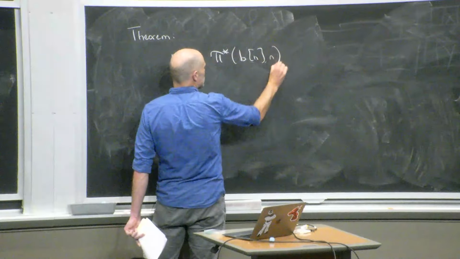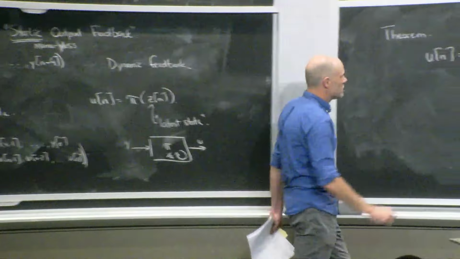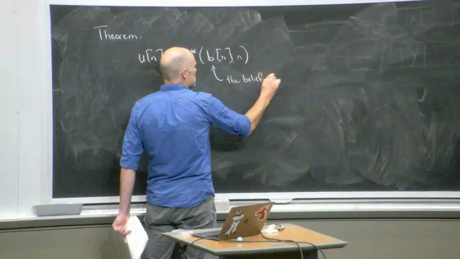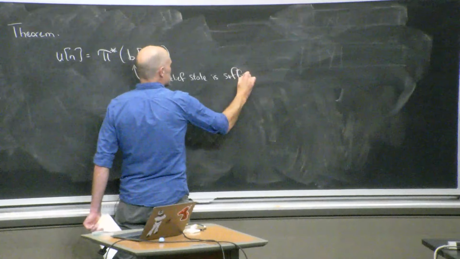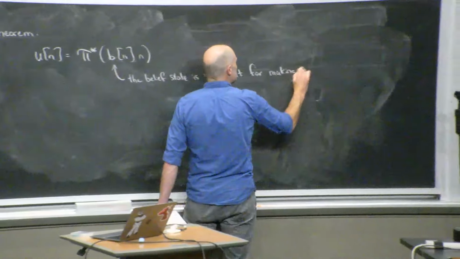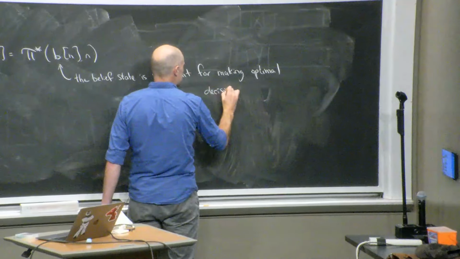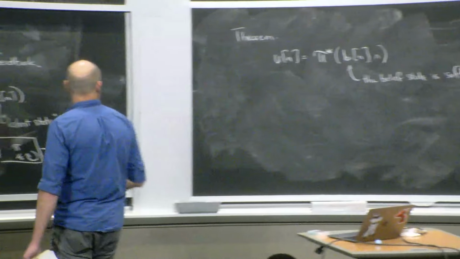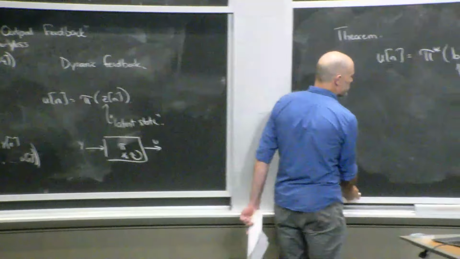Maybe it's a function of n too if it's a finite horizon problem. And the reason that's true is because it's a sufficient statistic.